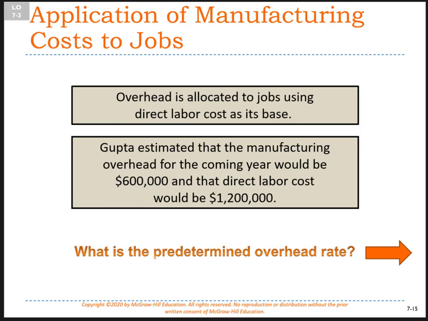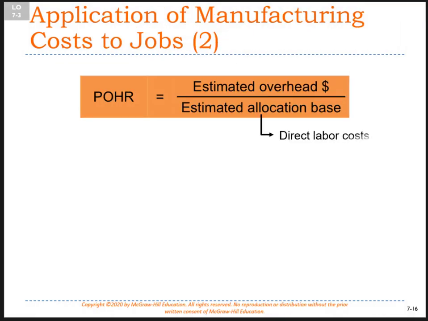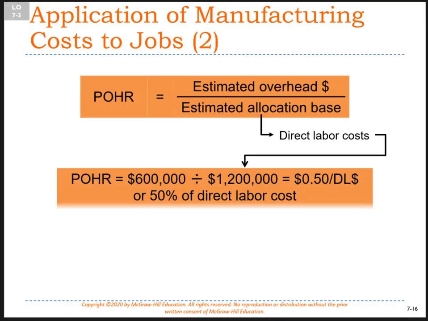We use direct labor costs. Not my favorite way to allocate overhead, but it gets the idea so that you can see what we're doing here. This is the formula we learned about in Chapter 6. So our predetermined overhead rate is 50 cents for every dollar of direct labor, or 50% of direct labor costs, however you prefer to think about it or calculate it.